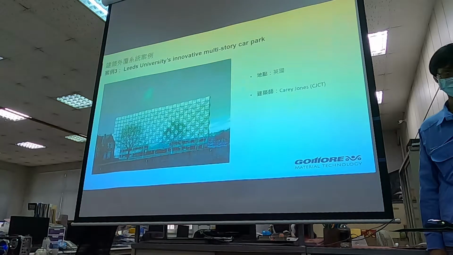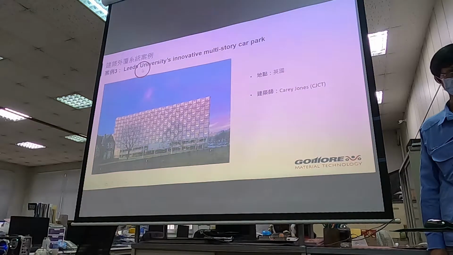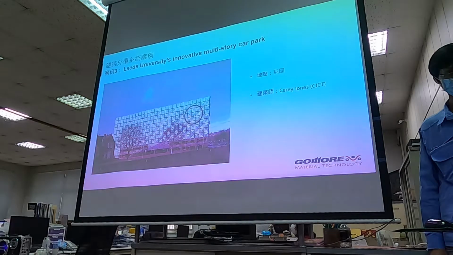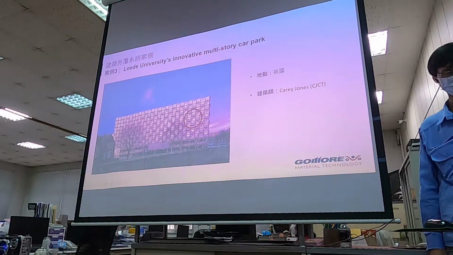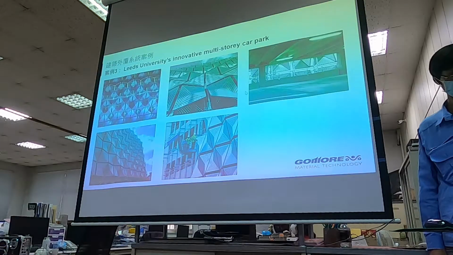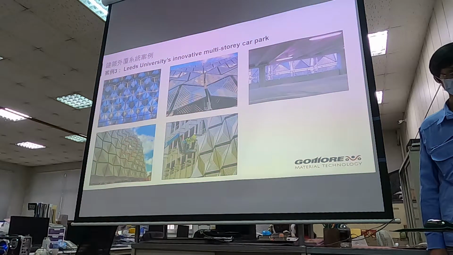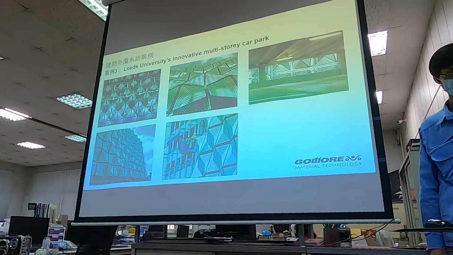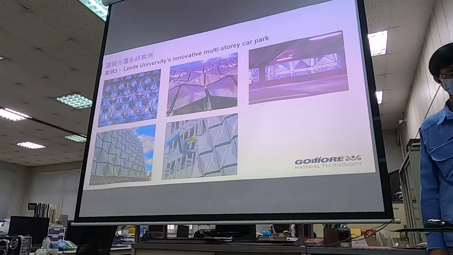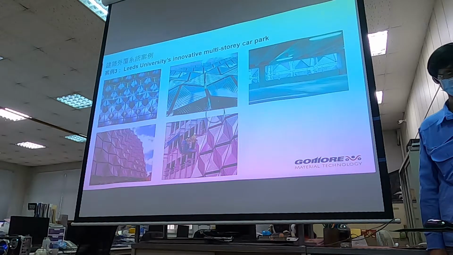This is another project by Carrie Jones, at Leeds University, with a spatial facade like this. As you can see, it's a car park in the university. So you can see the topology of the facade. It looks like there is a certain sequence and logic in the surface, but it presents a different topology from different angles.